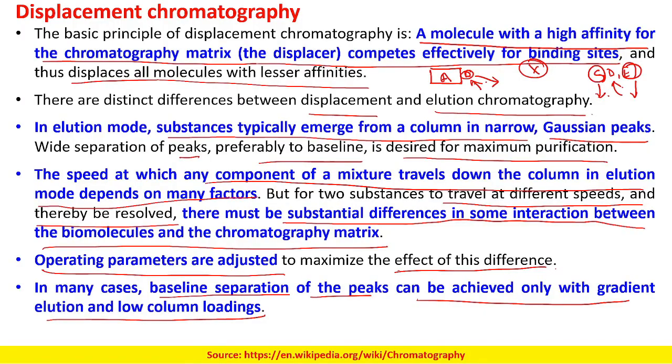However, in displacement chromatography, there is only one analyte which has a much stronger affinity towards the stationary phase, and we have to use a displacer to displace the analytes through the column.